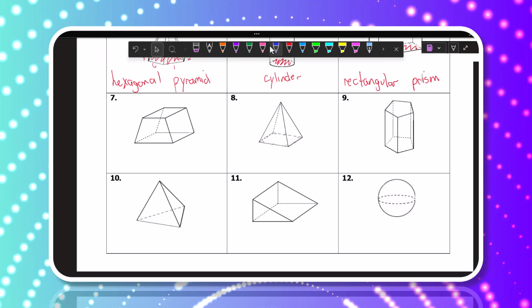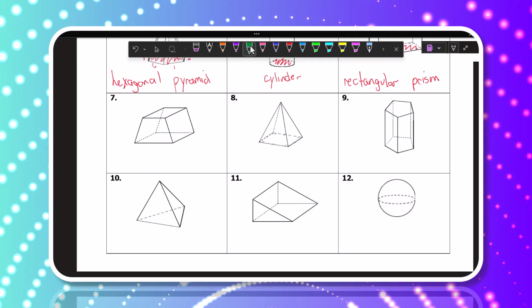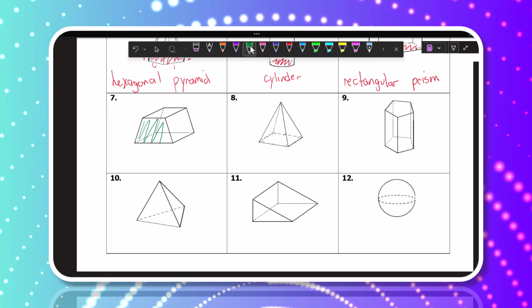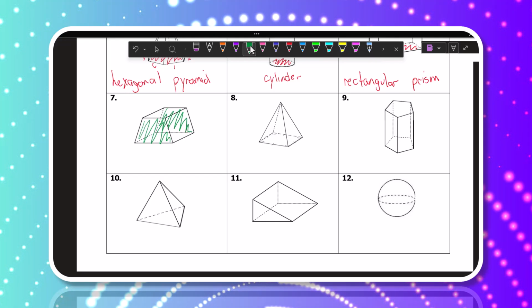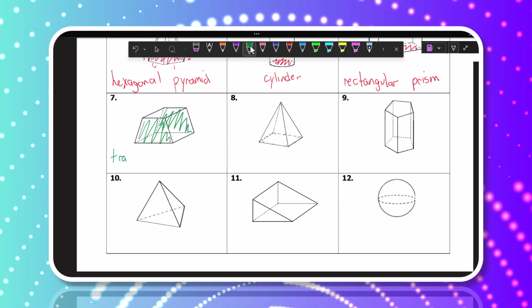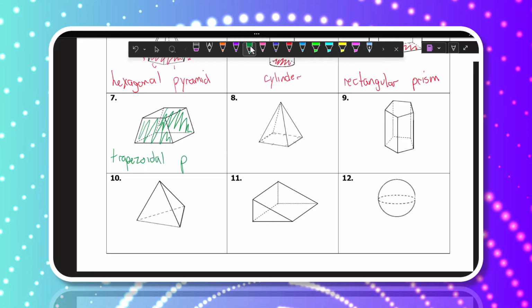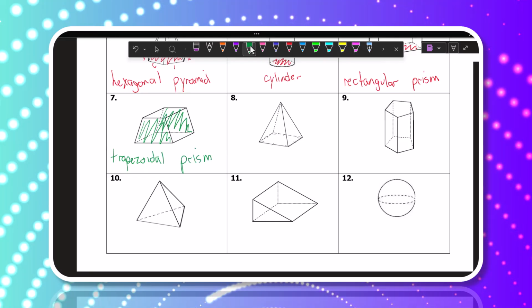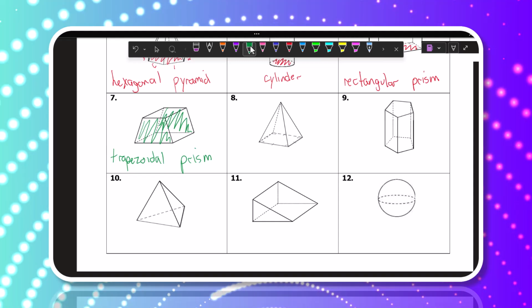Moving right along. So number 7, the bases are the two congruent faces. So that would be here and the back part here. Now what are those bases? They're trapezoids. So this is a trapezoidal prism because they're just connected by their vertices.